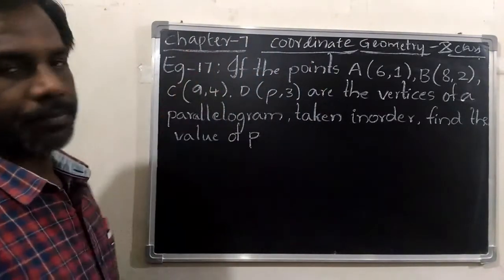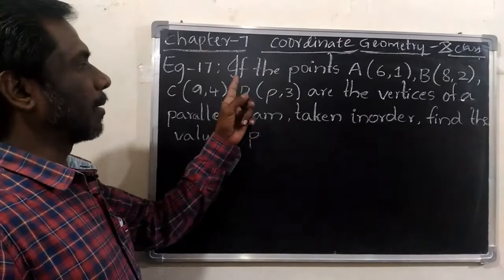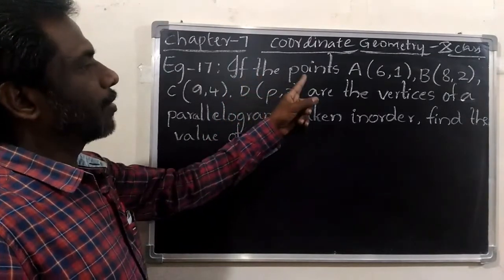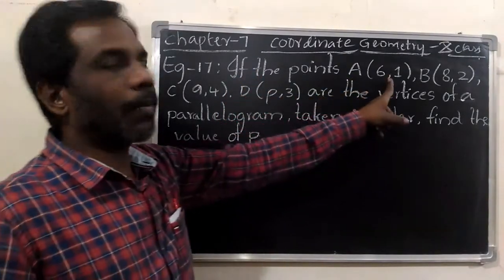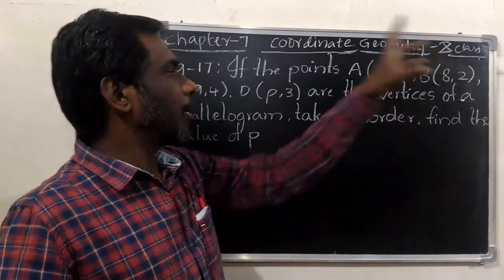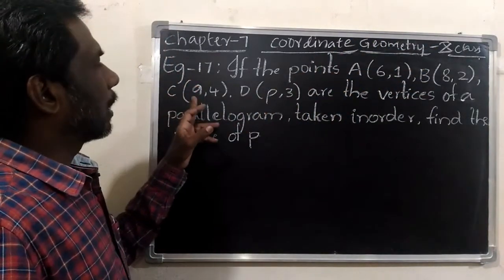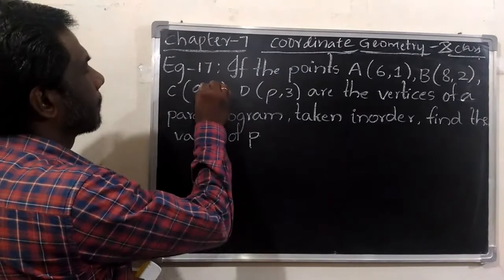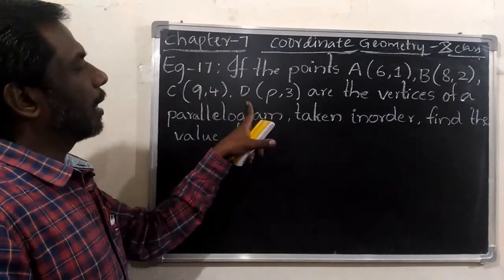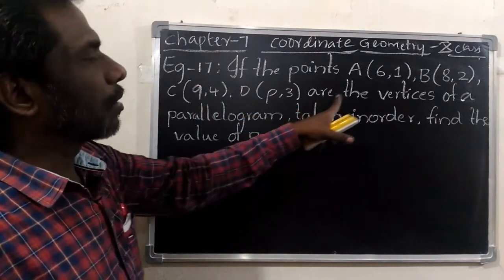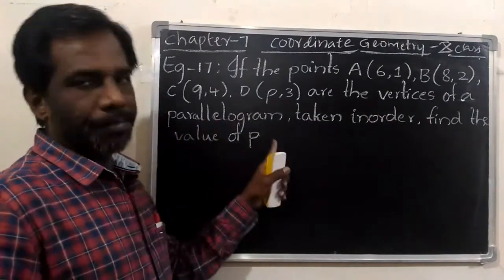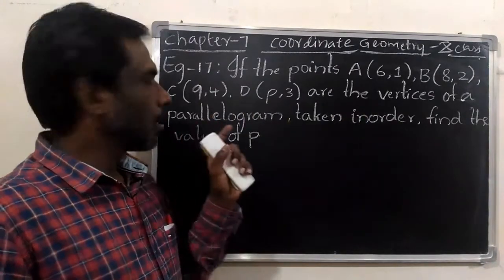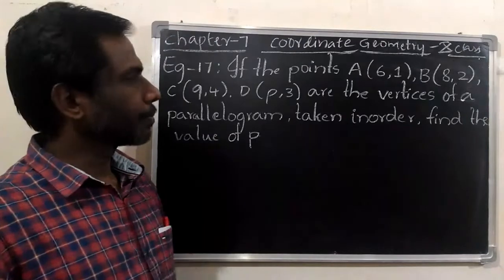Example 17. So first I read the question. If the points A(6, 1), B(8, 2), C(9, 4), D(p, 3) are the vertices of a parallelogram taken in order, find the value of p.